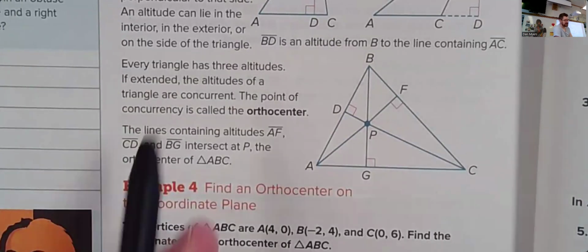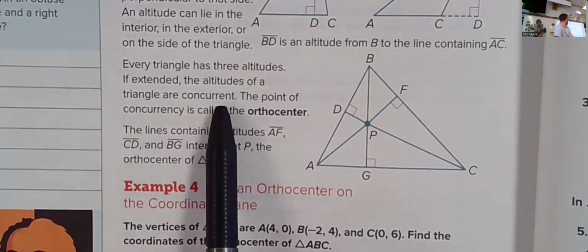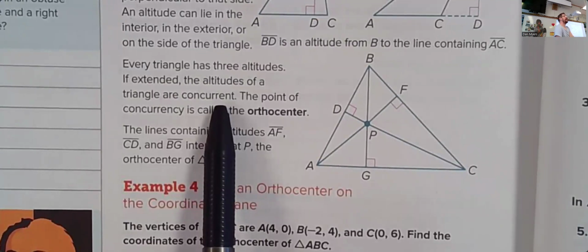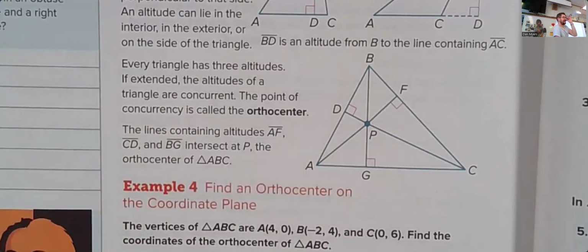If extended, the altitudes of a triangle are concurrent. What does concurrent mean? Not quite. Concurrent. The altitudes are concurrent. We reviewed this yesterday.